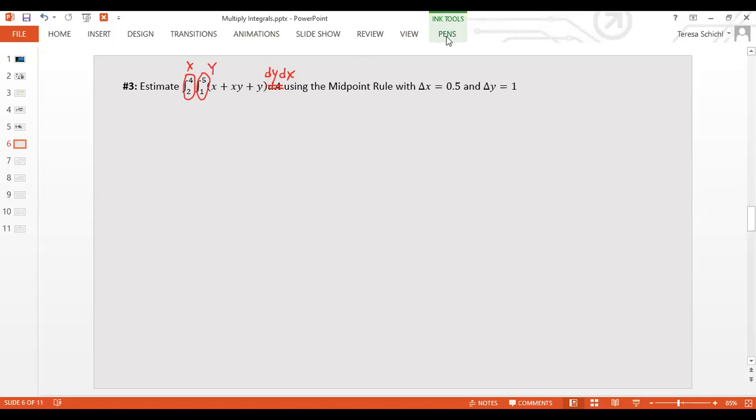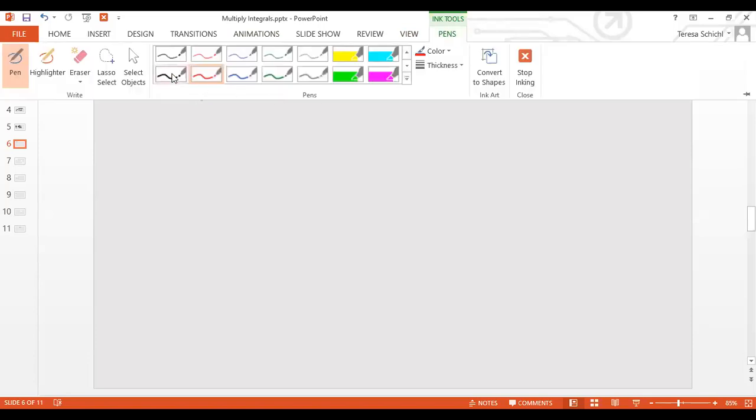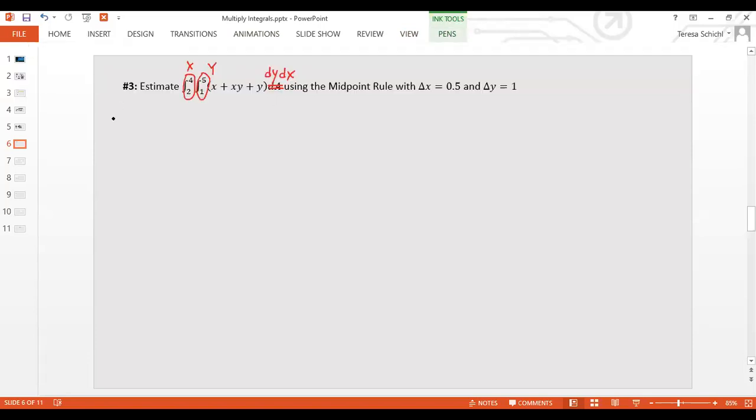So now delta x is equal to 0.5. That means 0.5 equals 4 minus 2 divided by n, so I need to divide the x-interval into 4 subregions.